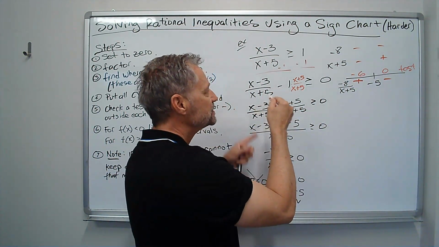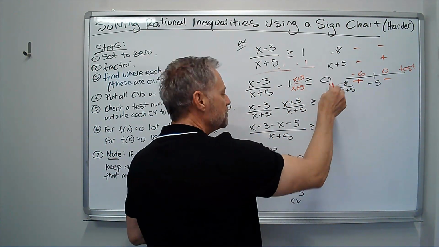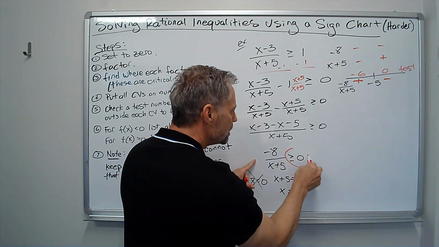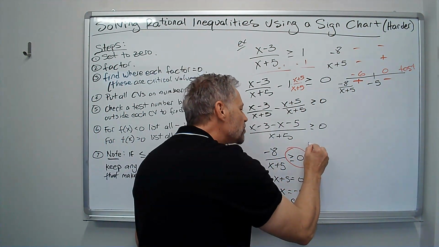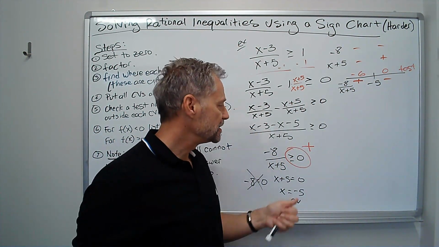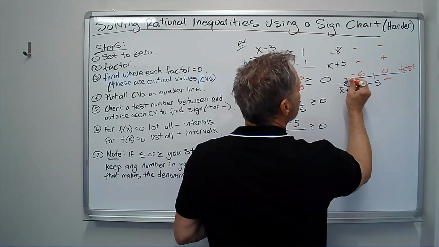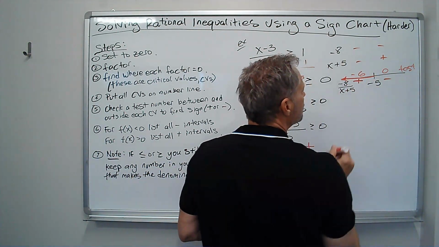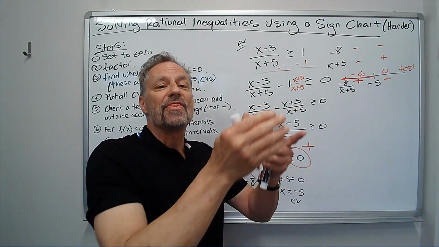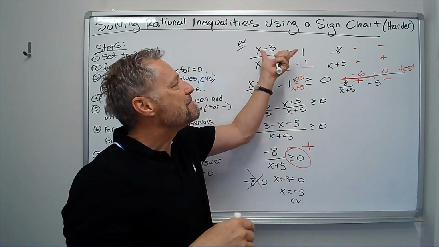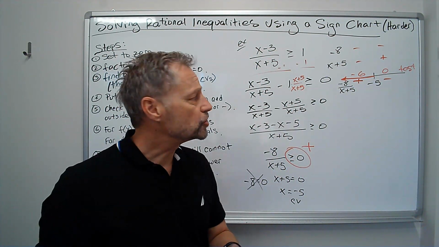Again, let's go to where I have the 0. I'm looking for greater than 0, so I'm looking for anything positive. If it said less than 0, I'd look for the negatives. Well, it's positive over here. And so that's the interval of numbers that makes this original inequality true.